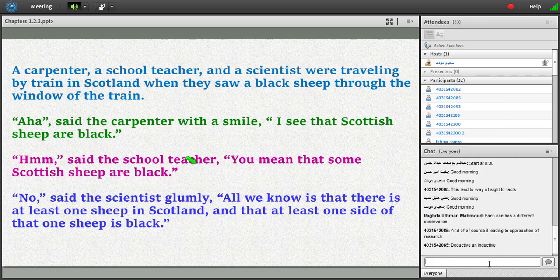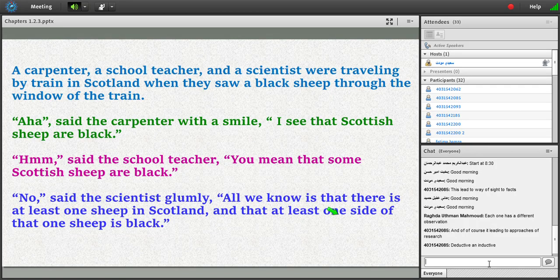Then we have the school teacher who is an expert somehow, or who is a person who is educated, who went to university, who studied. So the teacher said some Scottish sheep. It means that the teacher is cautious, but the scientist is the most cautious person. All we know is that there is at least one sheep in Scotland and at least one side of that sheep is black. This is too cautious.